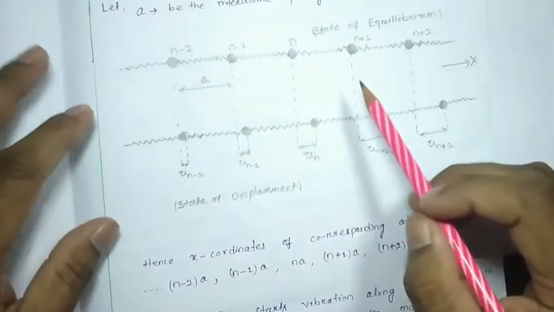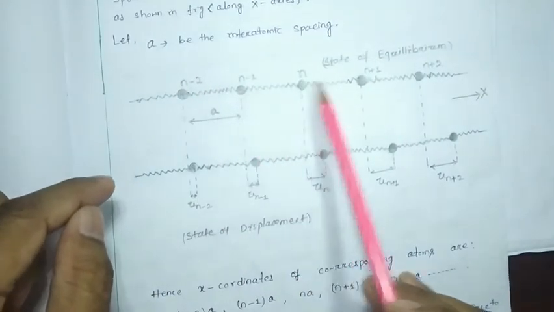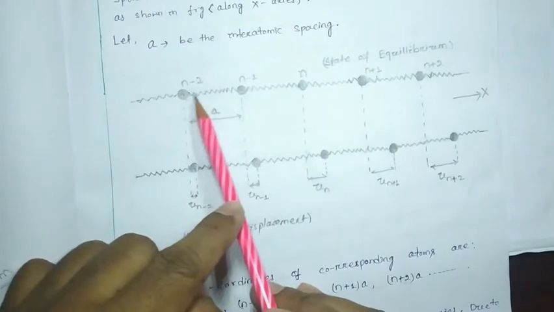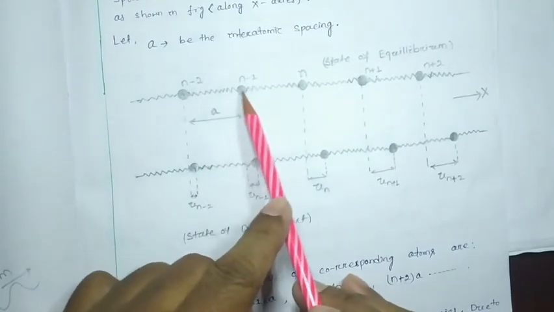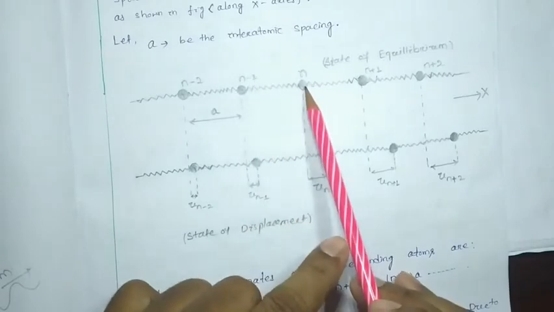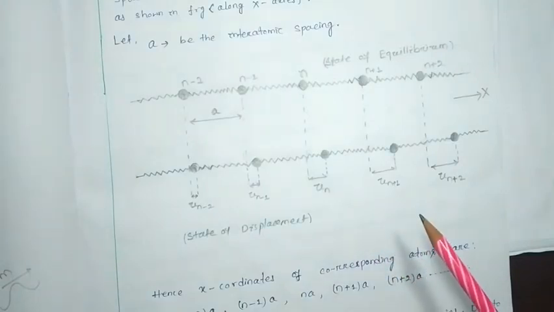So by any cause, by any means, if this one dimensional lattice is going to take energy from outside and starts to vibrate, each lattice site vibrates about its mean position.